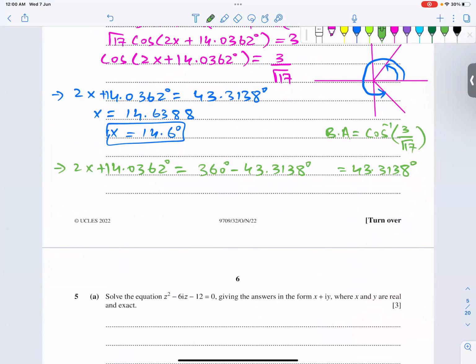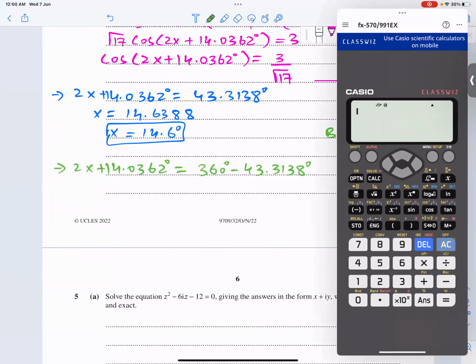So now solve this equation for x. So 360 minus 43.3138 and then minus 14.0362 and then divided by 2. This is your final answer. So x will be equal to 151.325.